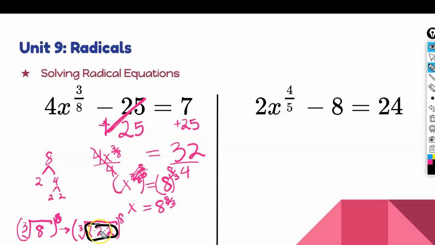We got 3 friends. So 2 gets to break loose. So really, this is just 2 to the 8. And if you plug that into a calculator, it's 256.